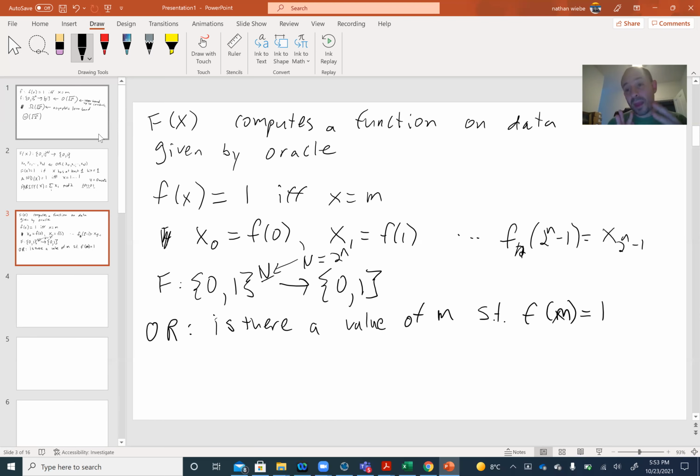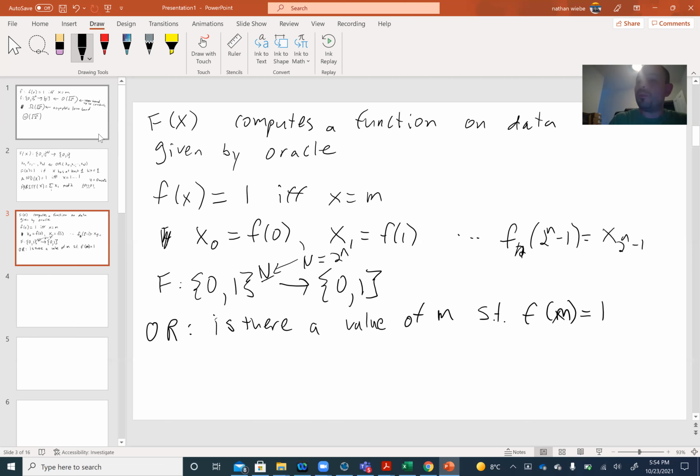Basically, the decision problem that corresponds to search is naturally asking the question of, does there exist a marked element for the search? And can we find it?